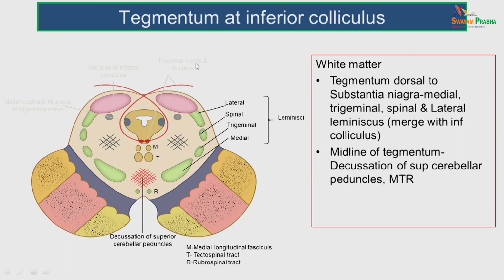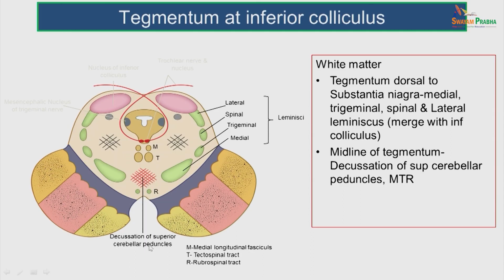Spinal lemniscus is the continuation of the lateral spinothalamic tract and the lateral lemniscus is a continuation of the auditory pathway. You can see here it is ending at the inferior colliculus. Then in the median region we can appreciate the decussation of the superior cerebellar peduncles.